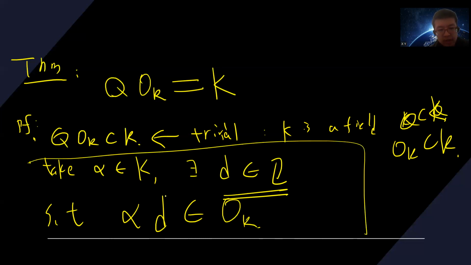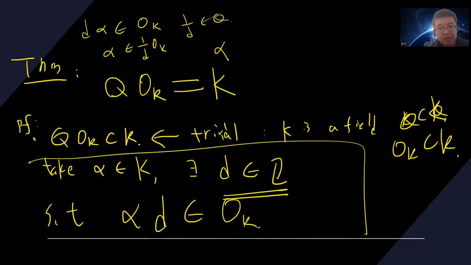So this fact means that if you take alpha in K and then you take D, and prove that D alpha belongs to OK, then basically you prove that any alpha can be written as 1 over D times an element of OK, and 1 over D belongs to Q. So it proves the result. It's the same thing. If you take alpha in K and multiply by some integer, you land in OK.